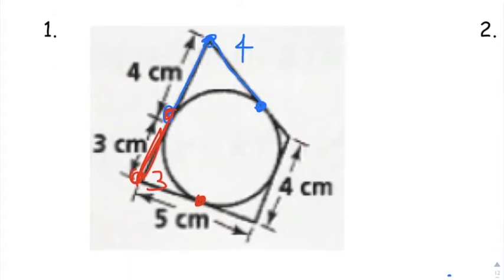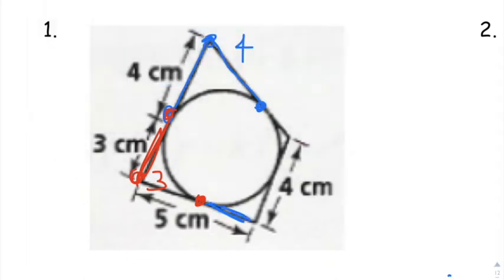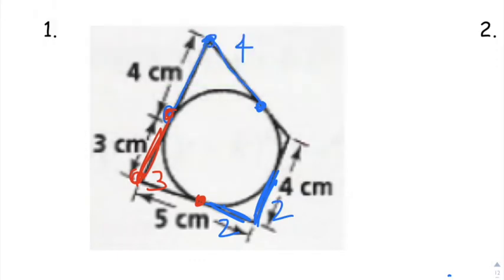You work your way around. Well, this whole entire segment there's 5, and then we got a piece of it that's 3. So it means that this leftover piece right here has got to be 2. You can use that on the same side, 2, 2, and then this side has to be 2 as well. So then you got 2, 2, 2, 2, 3, 3, 4, 4.